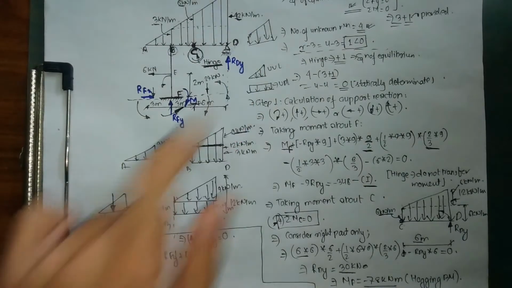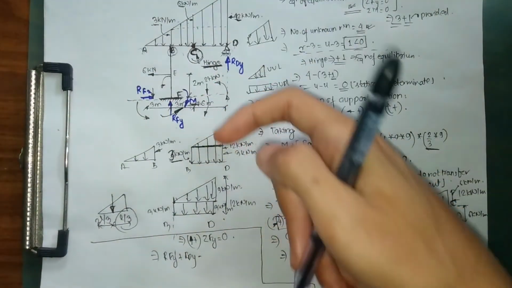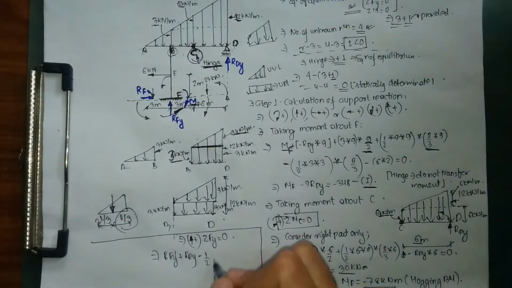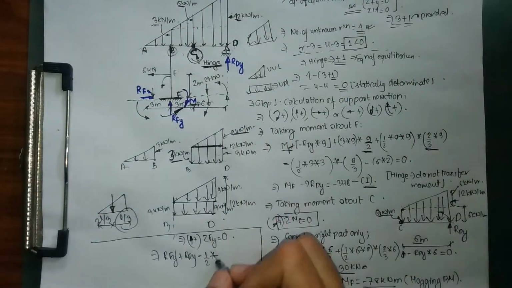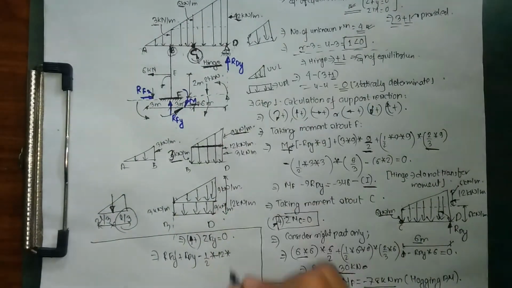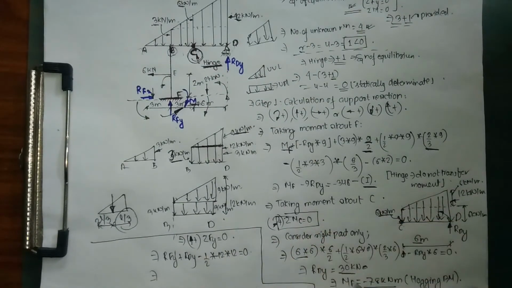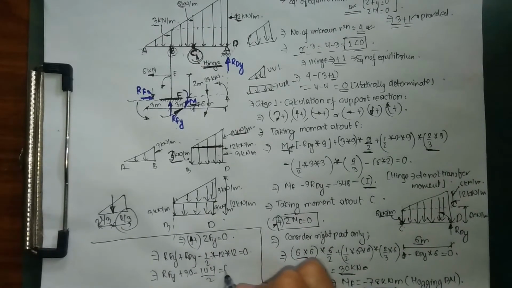RFY is acting upward, RDY is acting upward, and the other force acting in the vertical direction is the UVL, which is minus 1 by 2 into the total span of 12 into its magnitude of 12, equals 0. I have my value of RDY as 30, so RFY plus 30 minus 12 into 12, which is 144, divided by 2 equals 0.